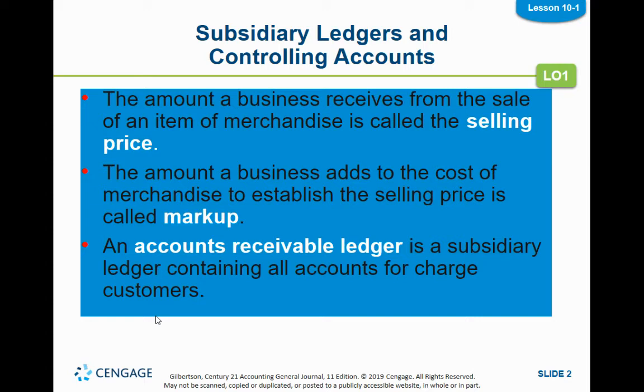An accounts receivable ledger is another subsidiary ledger that we are going to keep track of all of our charge customers. So in chapter 9, we had the accounts payable ledger, which is where we keep a list of all of our vendors that we owe money to. The accounts receivable ledger is a list of all the customers that owe us money.